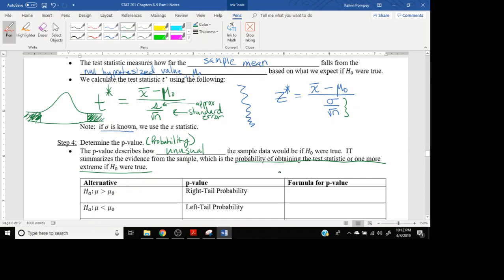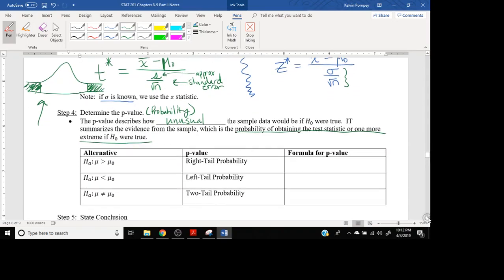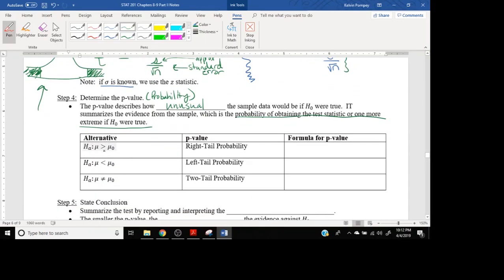And so we calculate this probability going again to this t curve, this bell-shaped curve, and we know which tail end to use on this curve by looking at the alternative hypothesis.